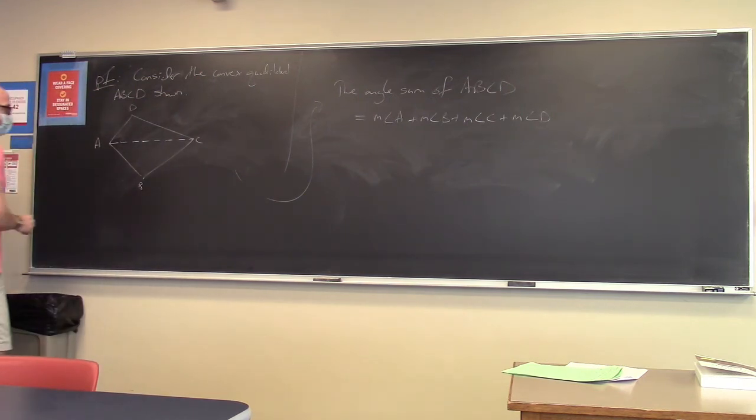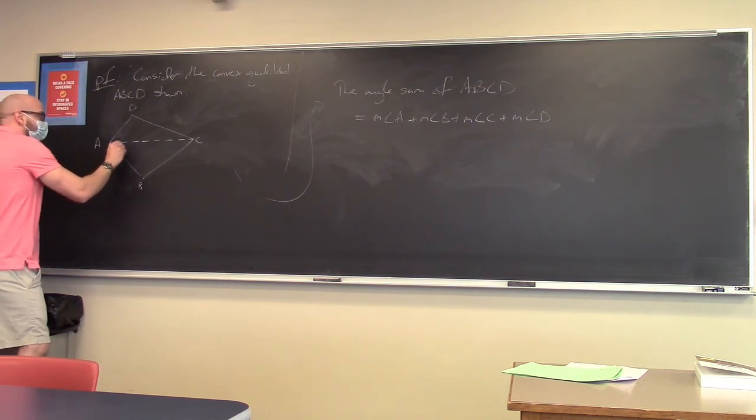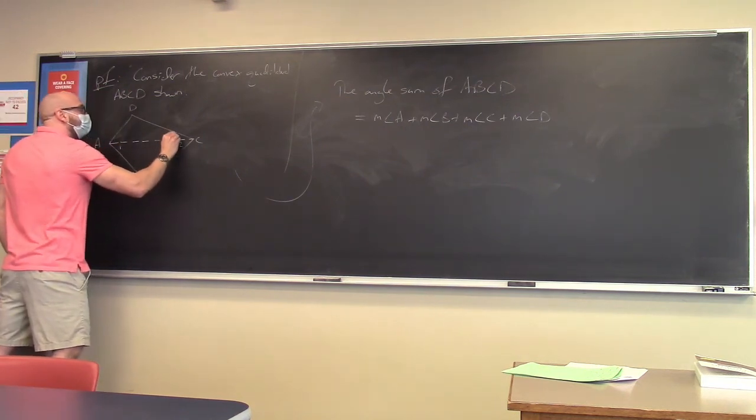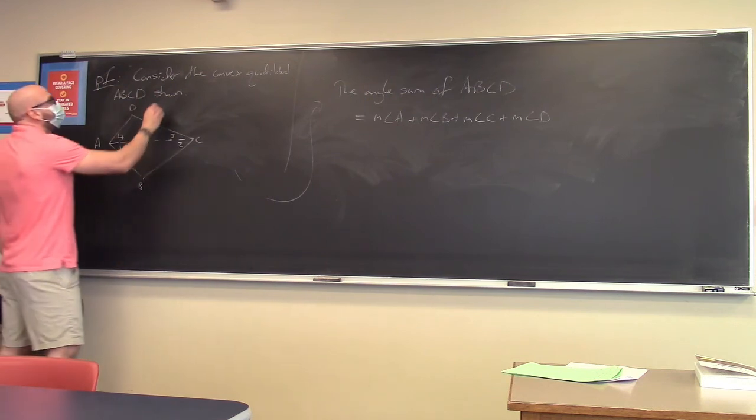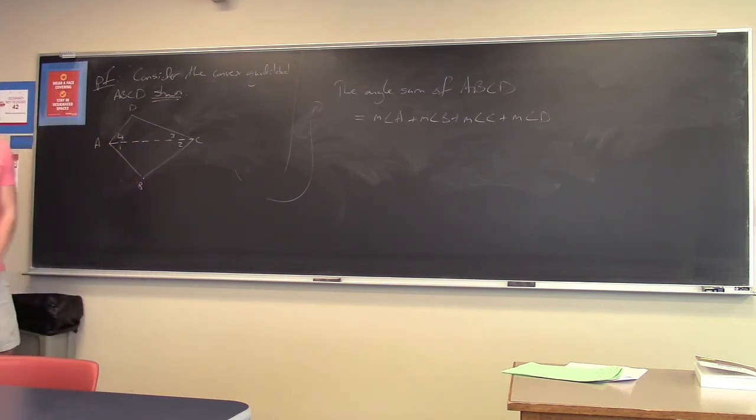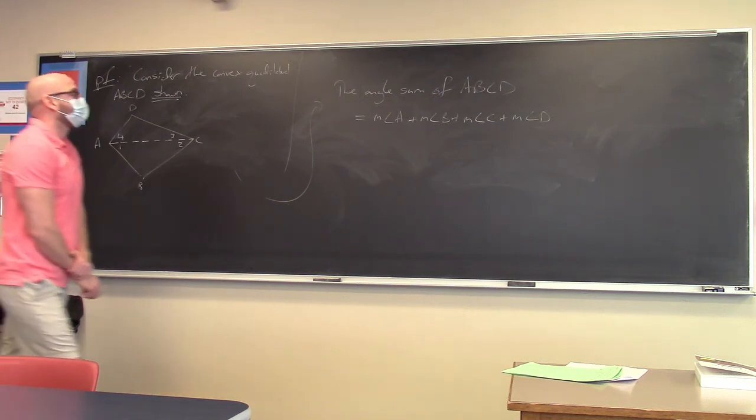And we'll label these angles. So now I'll call these angles 1, 2, 3, and 4. Again, I'm not writing down exactly what these angles are. We'll just rely on the picture. I've already referred the reader to the picture.